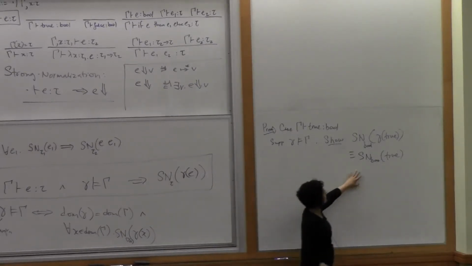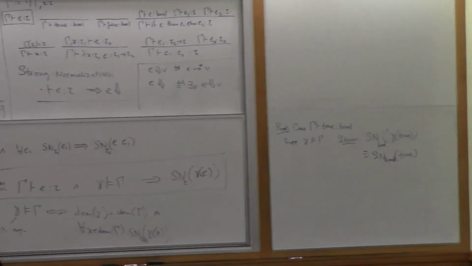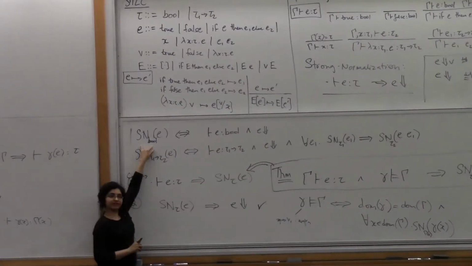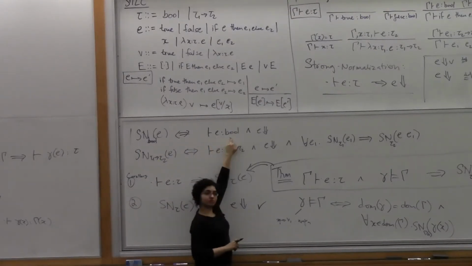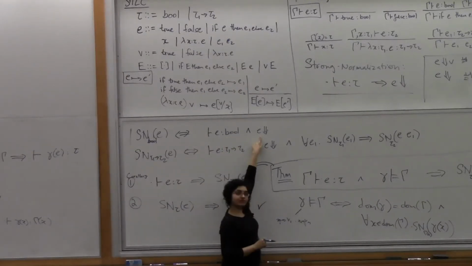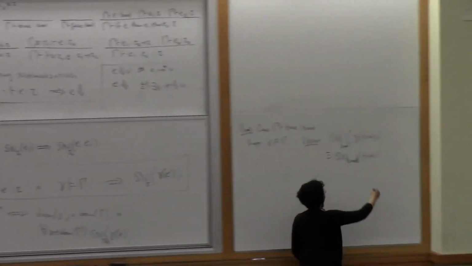So it suffices to show this. Let's read our definition and see what we need to prove that. We need to show that true has type bool, that it's a closed expression of type bool. Good, we're done. We need to show that true terminates. It's already a value, so we're done. So true is really easy.